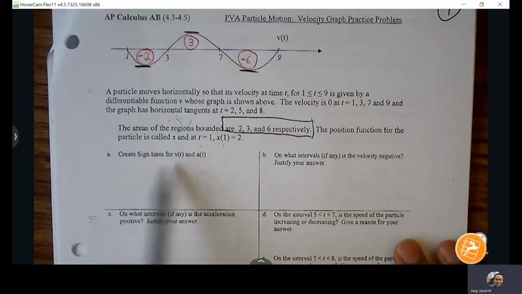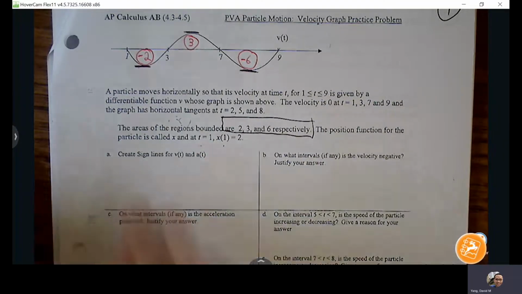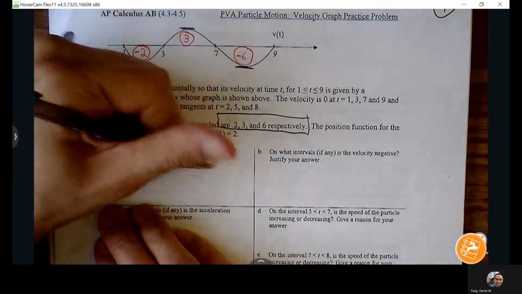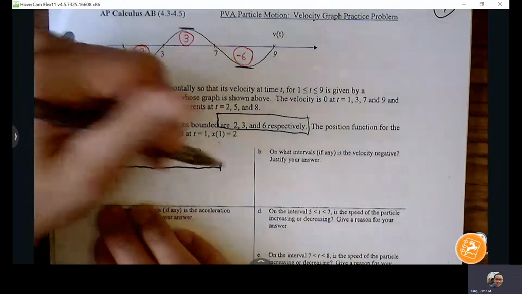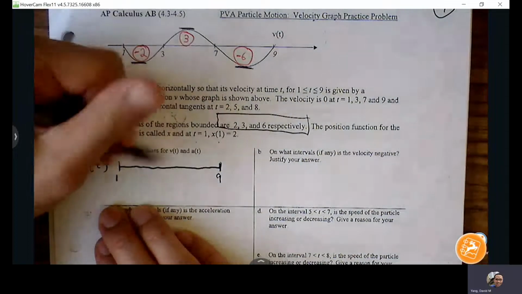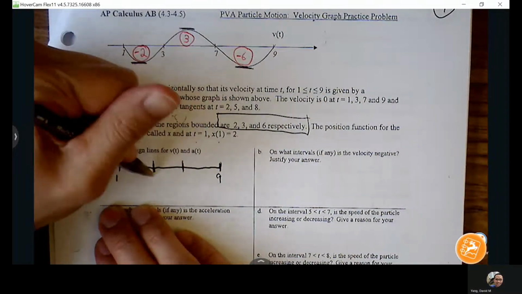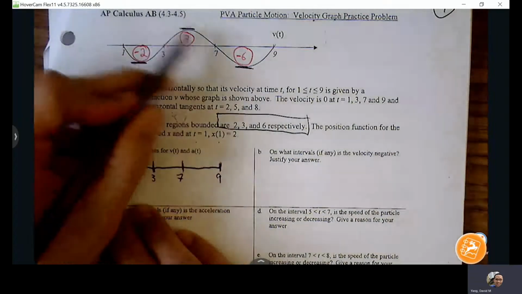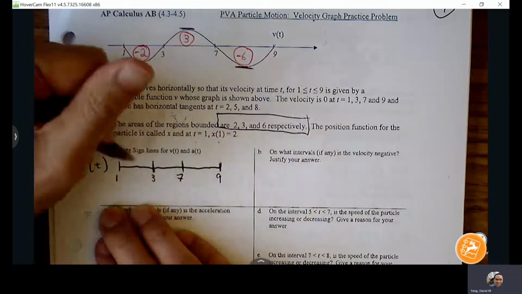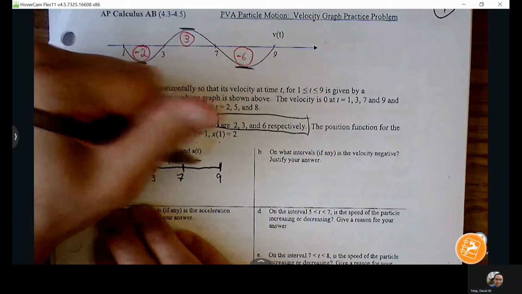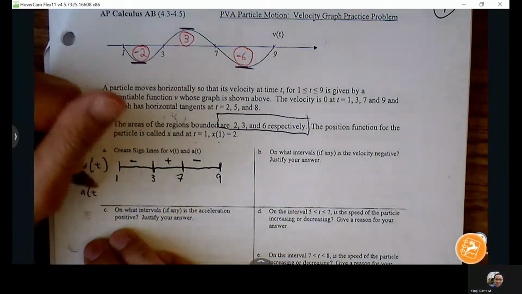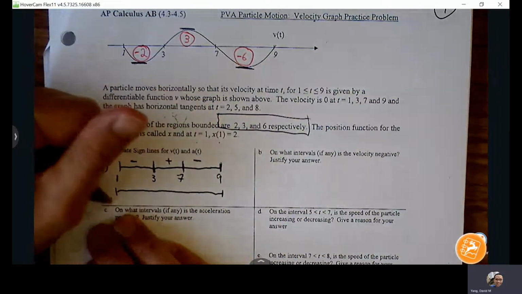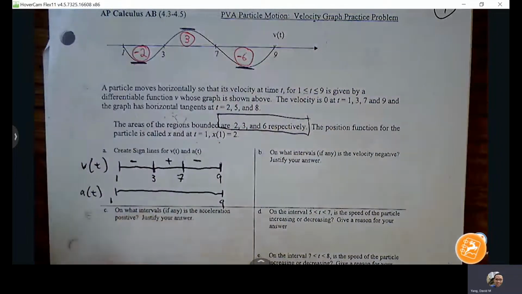Okay, part A says create sign lines for v of t and a of t. I'm extending from 1 to 9. My critical points are 3 and 7. Okay, so negative velocity, positive velocity, negative velocity. Acceleration, we're also extending from 1 to 9, but now we're looking at the slopes and the peaks and valleys.